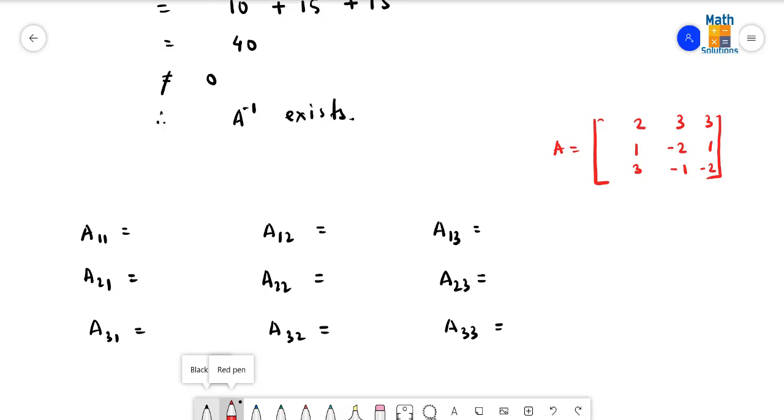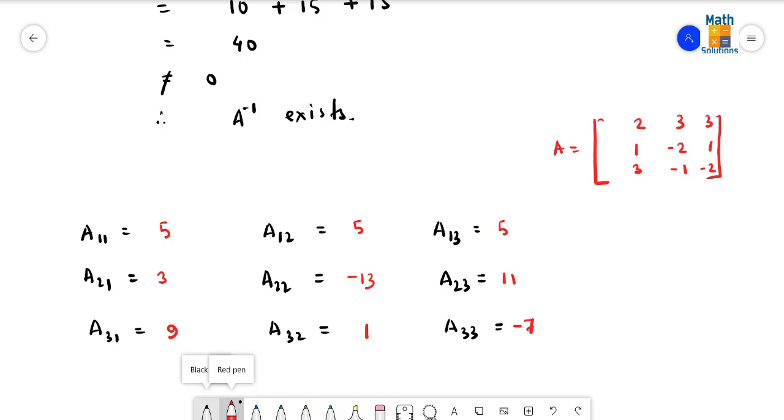So the values will be 5, 5, 5, the next case will be 3, −13, 11, after that I get here 9, 1, −7.